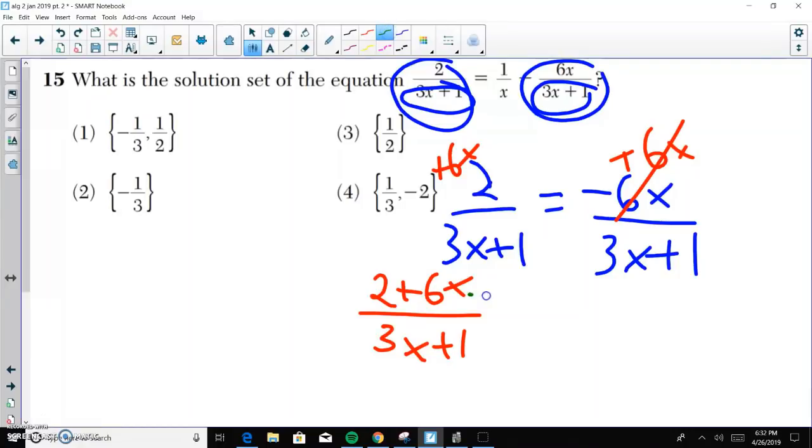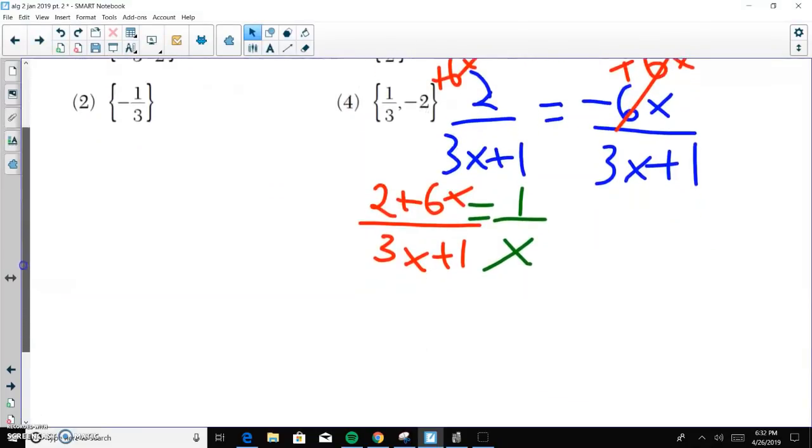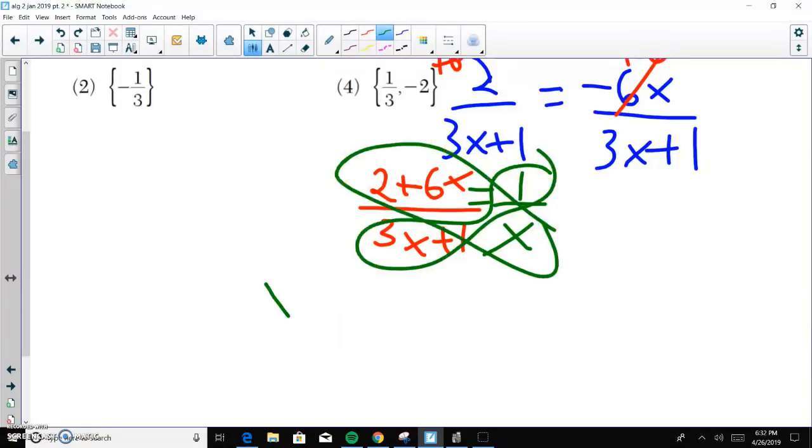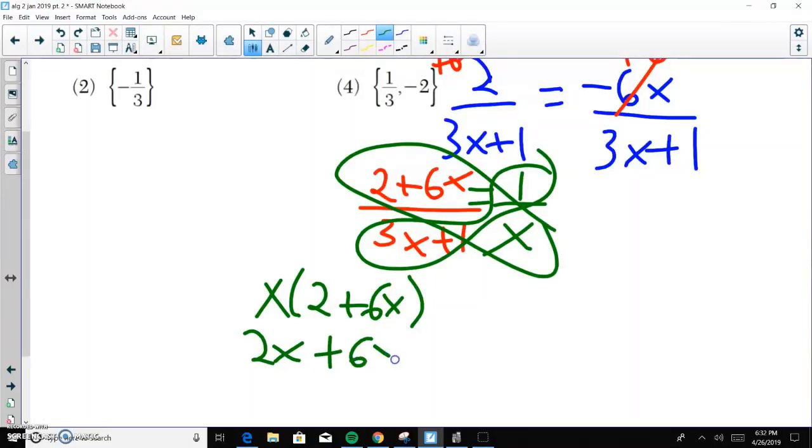And then you set that equal to 1 over x. Alright, now we cross multiply. x times 2 plus 6x, 2x plus 6x squared equals 3x plus 1.